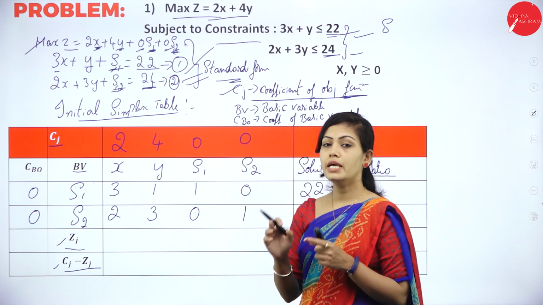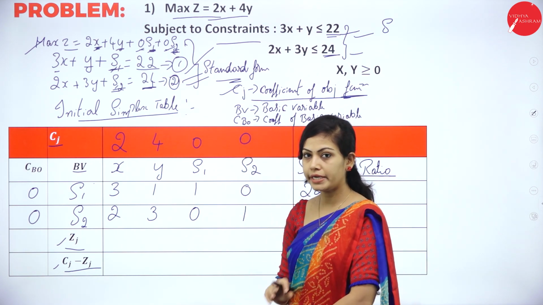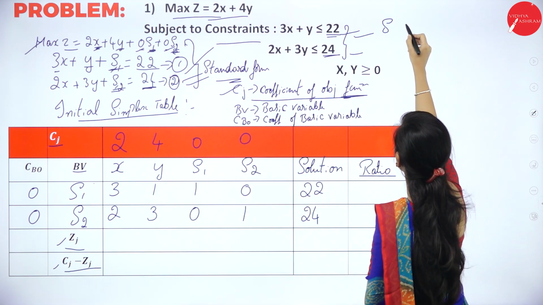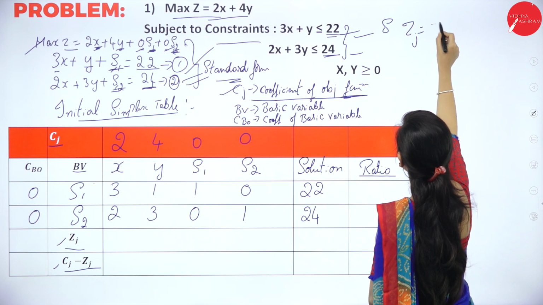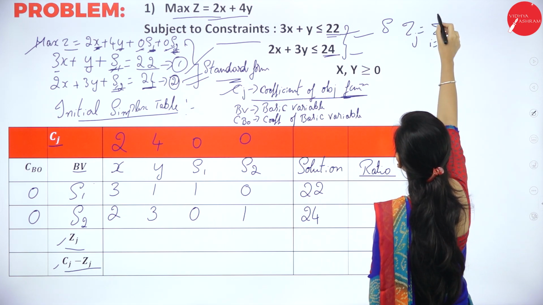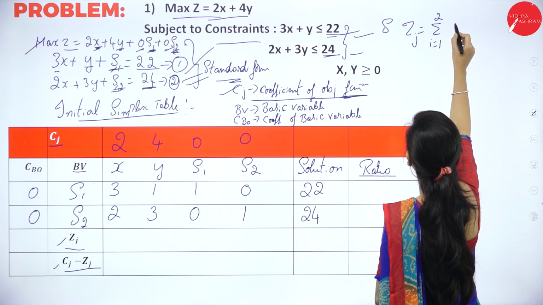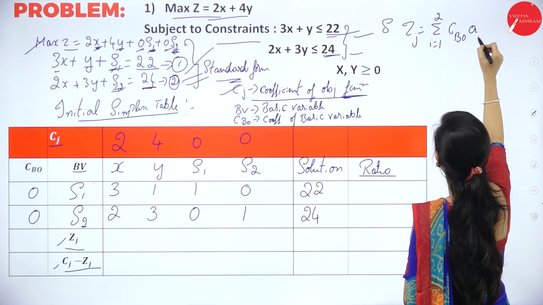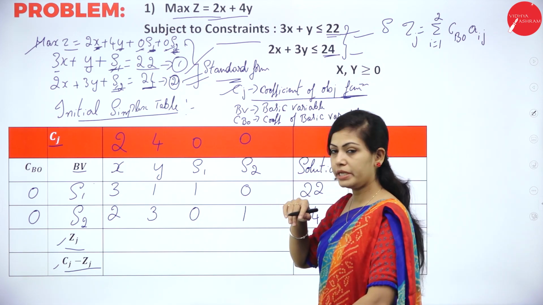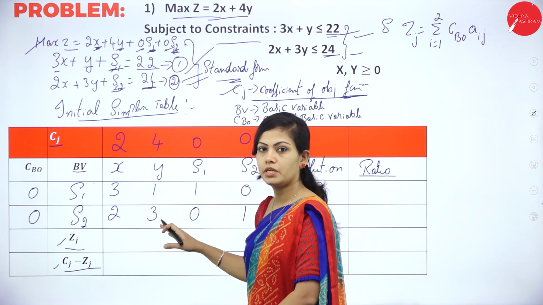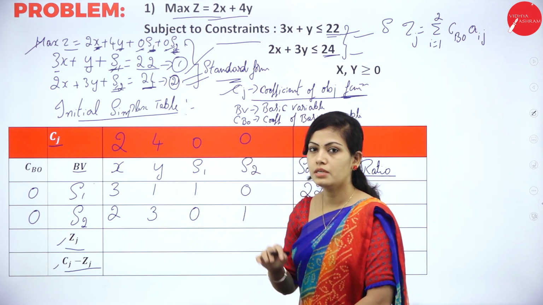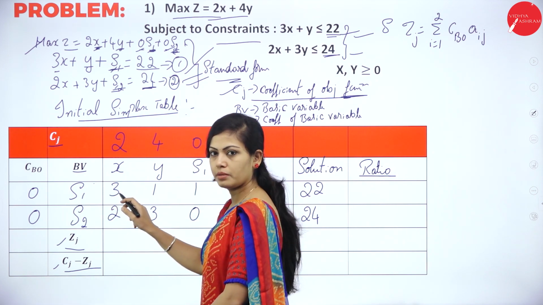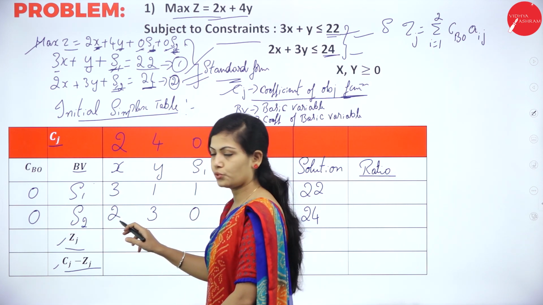So how to find Zj value? For finding Zj value, we have one equation, that is Zj is equal to sigma, i equal to 1 to 2, coefficient of basic variable times Aij. That means row and column. So here, how to find the Zj value? 0 into 3 plus 0 into 2.